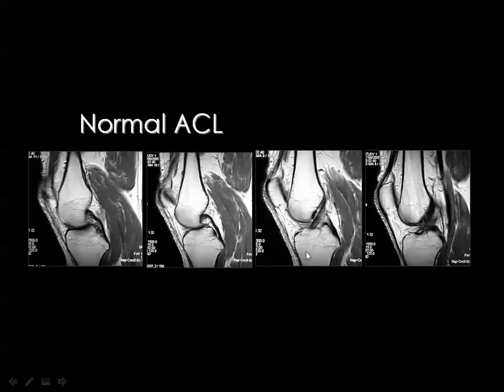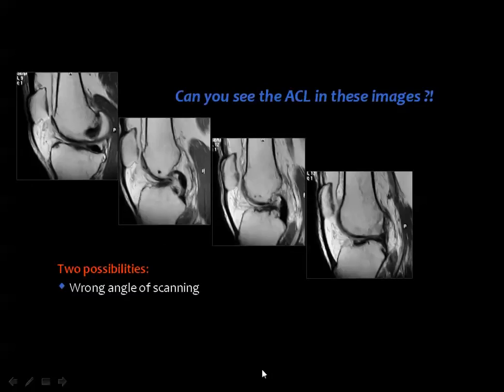You will find it in one of these two images, either here or there. In this particular example, you can see the anterior cruciate ligament attached to the posterior aspect of the femur, going to the anterior aspect of the tibia.